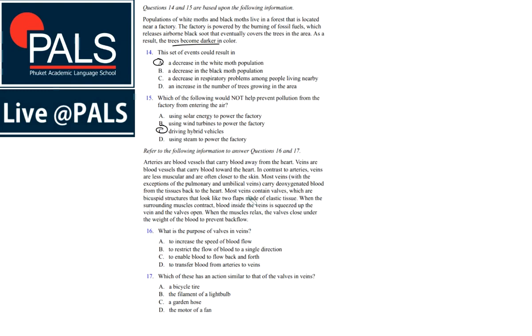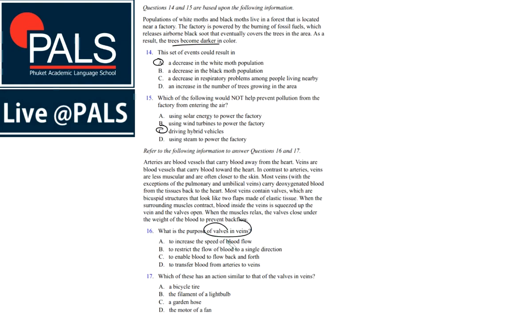Most veins contain valves, which are bicuspid in structure, that look like two flaps made of elastic tissue. When the surrounding muscle contracts, blood inside the veins is squeezed up the vein and the valves open. When the muscles relax, the valves close under the weight of the blood to prevent backflow.